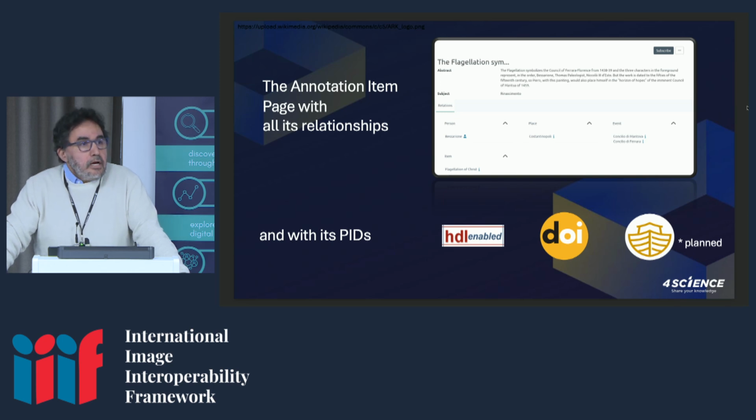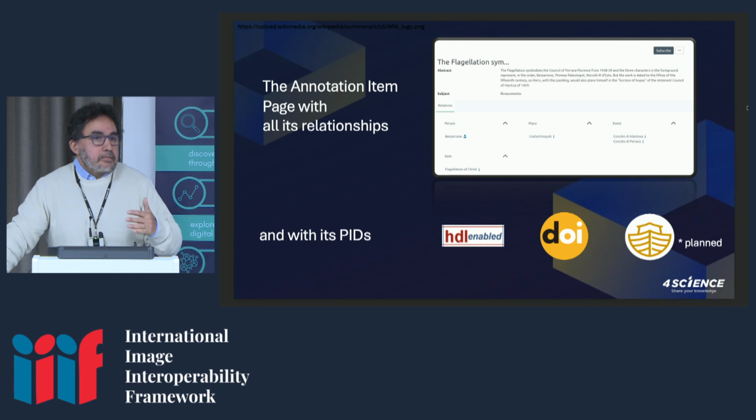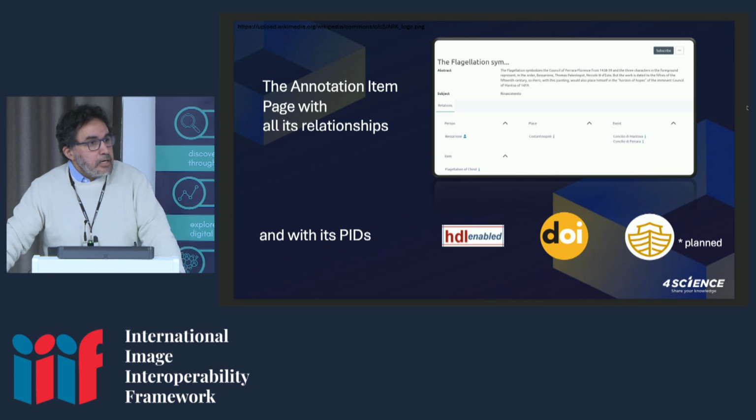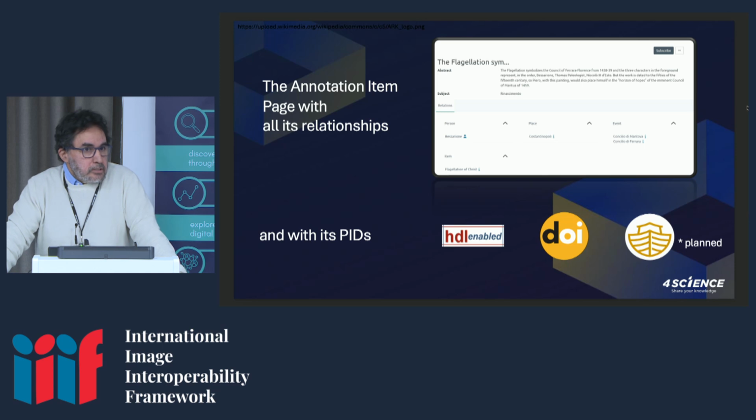You can use the persistent identifiers already implemented in DSpace, such as the Handle or the DOI, but in the future, since in the roadmap we also have the implementation of the ORCID persistent identifier, you will be able to use this kind of persistent identifier too.